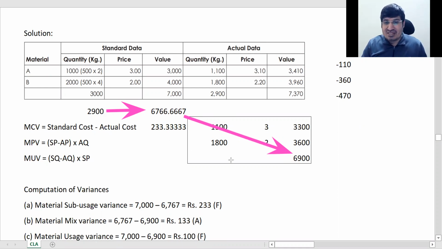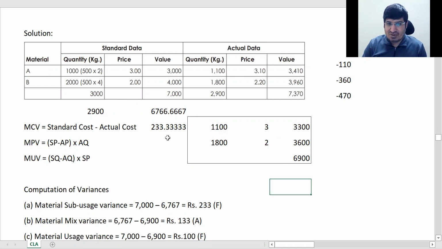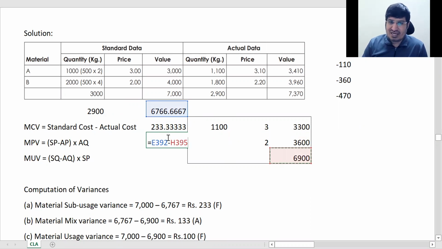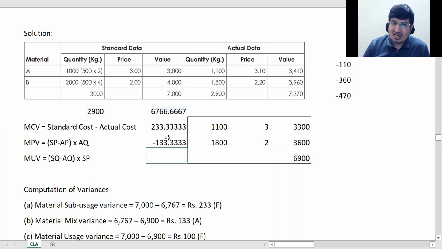So this difference, 6766 minus 6900, is only because of mix. You're getting the point? How much is this? Let me write it here. Equals 6766 minus 6900. Okay, this comes to 133. And this is adverse.